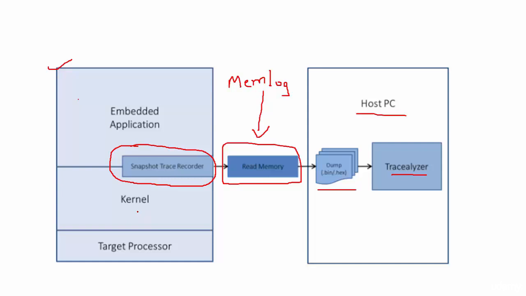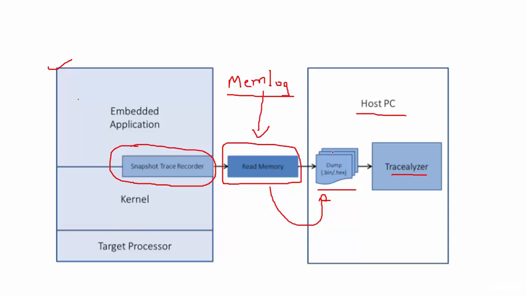Then with the help of the debugger, halt the execution, and with the help of a memory logger, read the RAM contents into a file. That is memory dumping, done using a memory logger application. There are lots of memory logger applications available which you can use to do this.